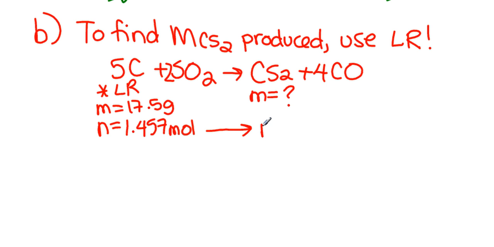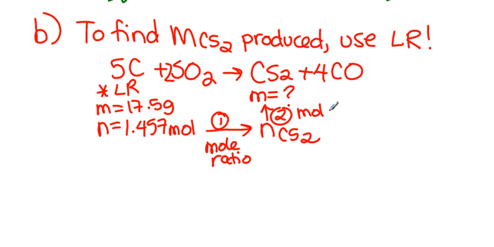Next thing, we would need to find the number of moles of carbon disulfide. This is going to be the first step for part B, and we know we need to use our mole ratio here. We've done that many times by now, so hopefully that should ring a bell. And then the next step, we have to find the mass, and we're going to use the molar mass again.